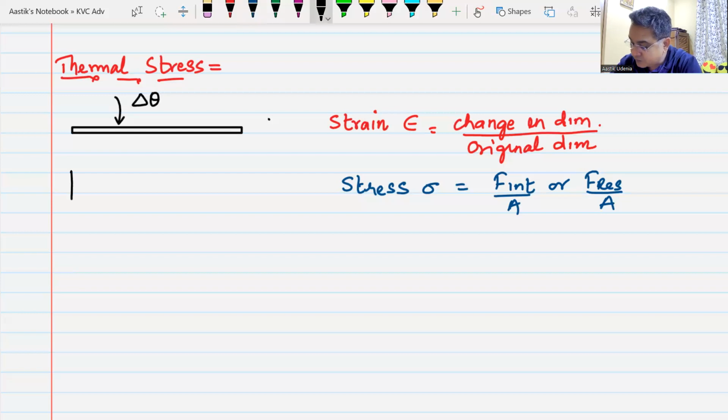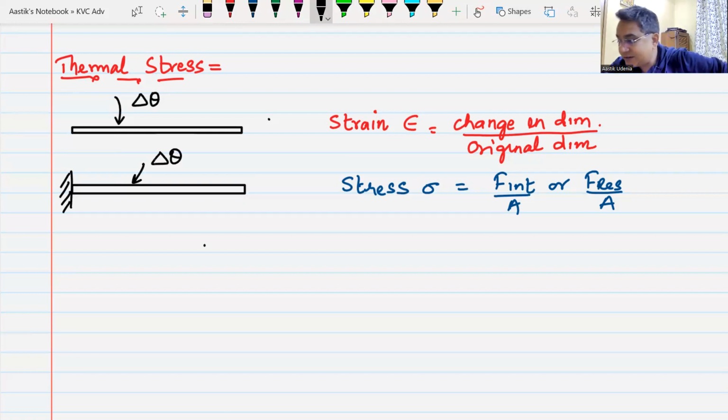Now, if I hinge it, if I fix it from one end, so I do the same experiment, but now I am fixing it from one end. And now I change the temperature of this rod by delta theta. Now what is happening? If I still change the temperature of this rod, it is still free to expand.